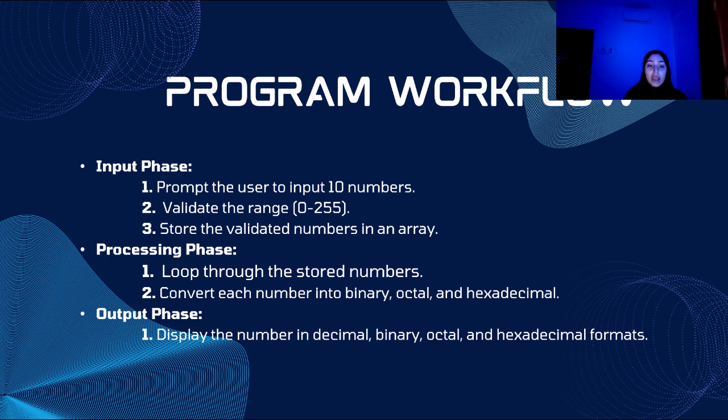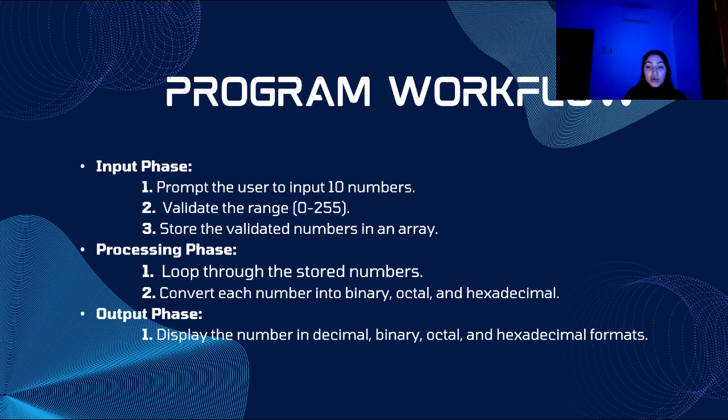Processing phase: the stored numbers are iterated through one by one. Each number is then converted into its binary, octal, and hexadecimal representation. Output phase: finally, the program displays each number in four formats: decimal, binary, octal, and hexadecimal.